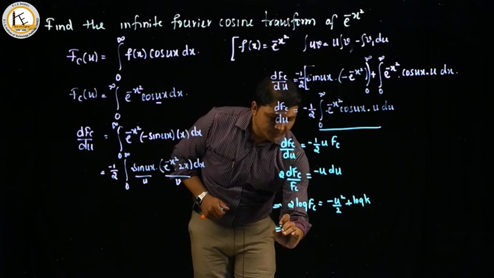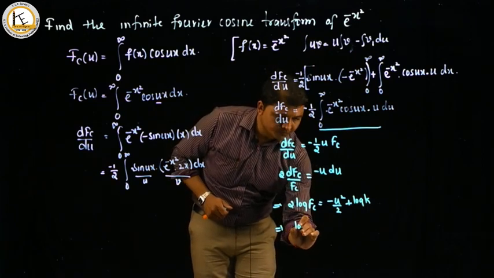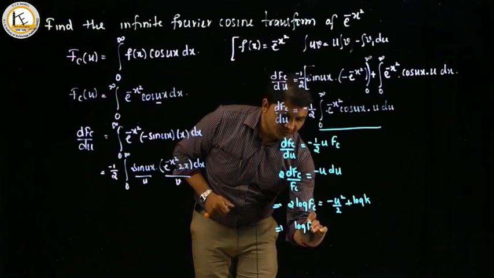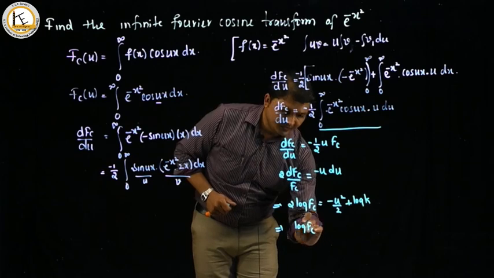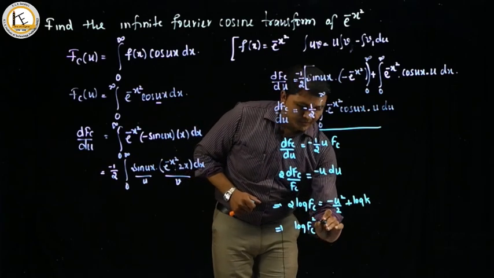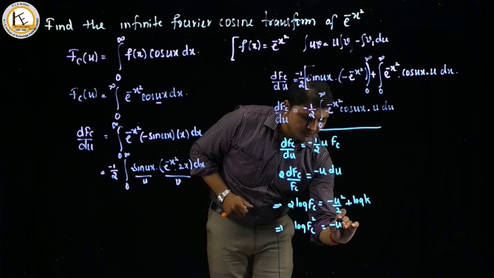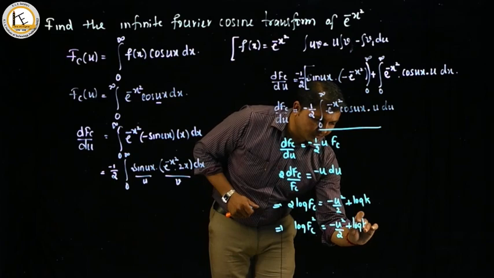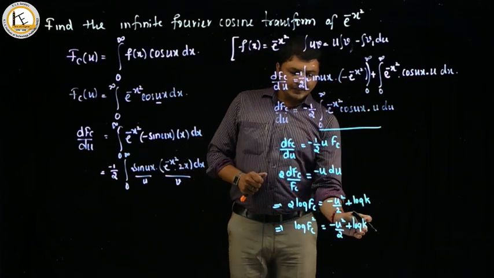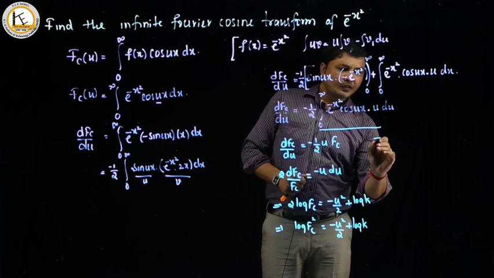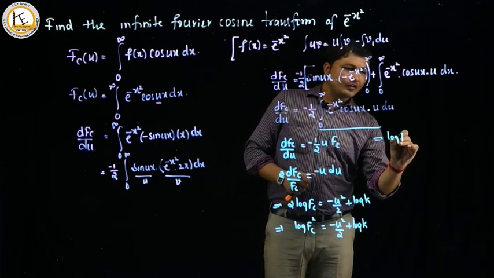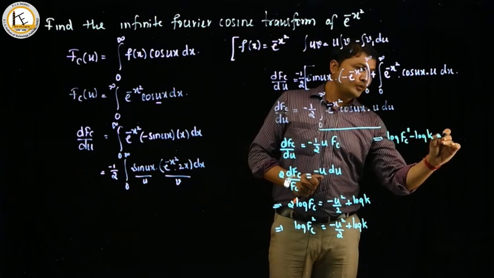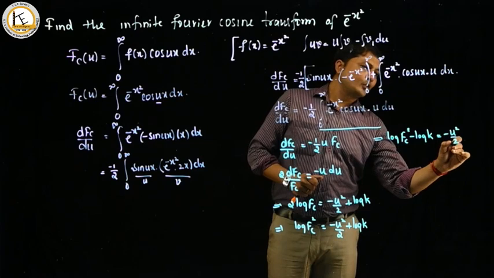Therefore this is nothing but log fc the whole square is equal to minus u square by 2 plus log of k. In the next step we take this log to this side and we get log of fc square minus log k is equal to minus u square by 2.